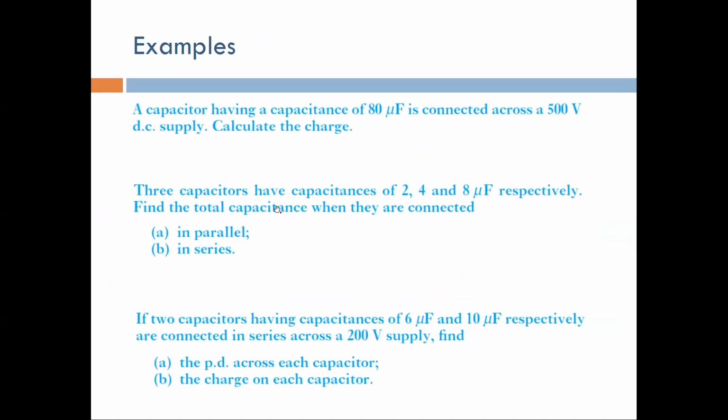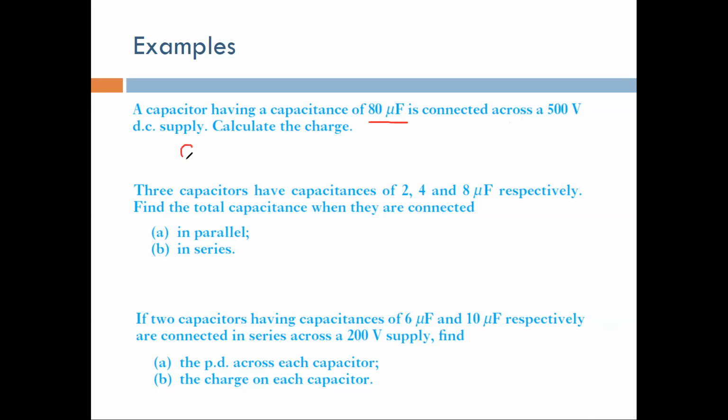We have some examples here. Let's try to solve them one by one. We have a capacitance of 80 microfarads connected across a 500 volt DC supply. Calculate the charge.